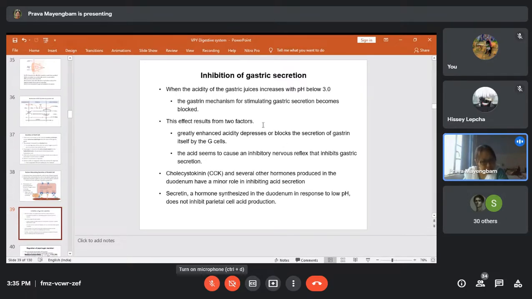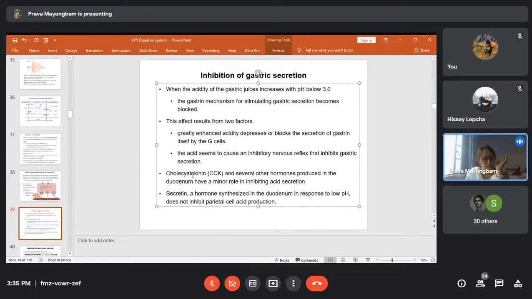So there is also some likely chance of nervous reflex inhibition of HCl due to low pH. Another, second factor is that cholecystokinin and several other hormones produced in the duodenum have a minor role in inhibiting acid secretion, to some extent.